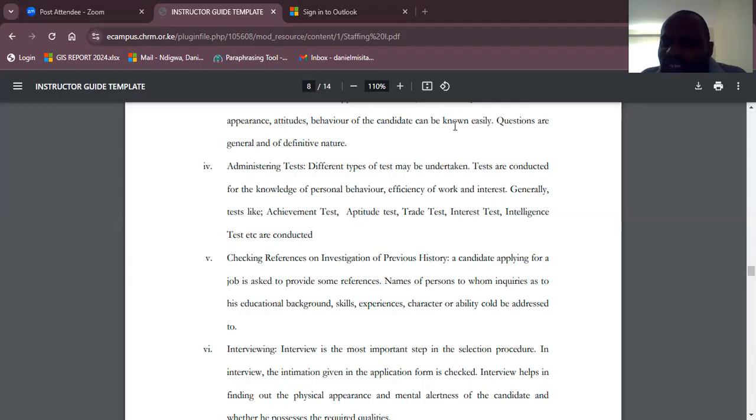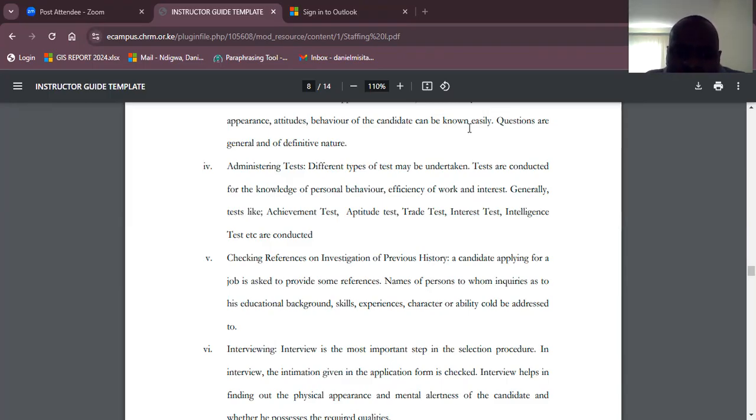So as much as you get an opportunity to work in a particular firm by virtue of being brought, always guard your character. They always say that perception is reality. What people perceive about you is their reality. If they feel that this person is bad, that is their reality about you. So always have a positive attitude in your job, and attitude will elevate you to many places.